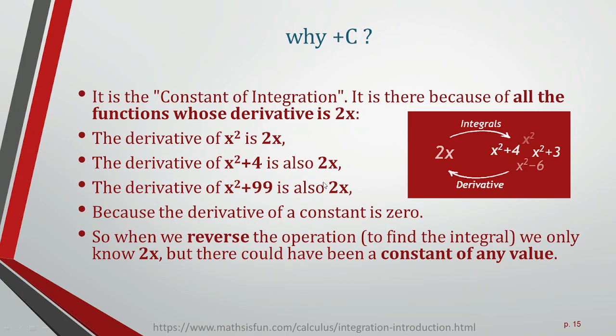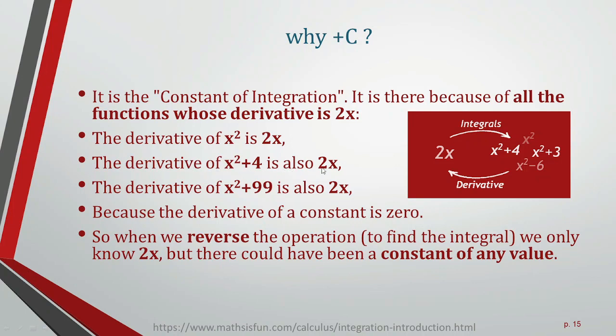Now, why is c added in the integration? It is the constant of integration. It is there because there are many functions whose derivative is 2x. The derivative of x squared is 2x. The derivative of x squared plus 4 is also 2x.